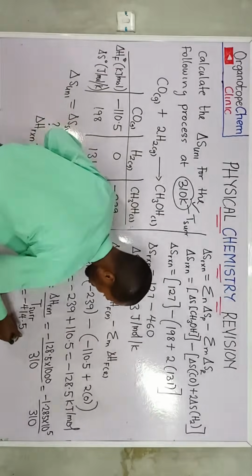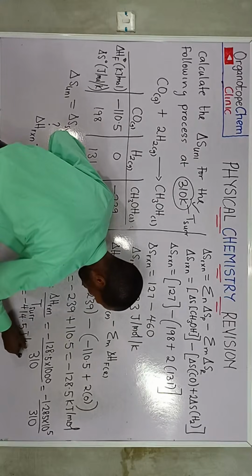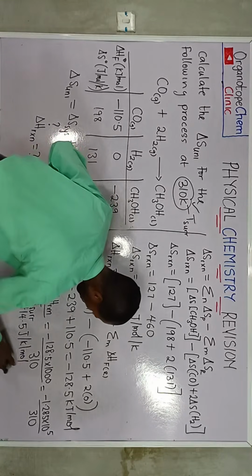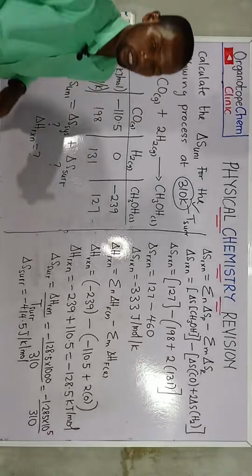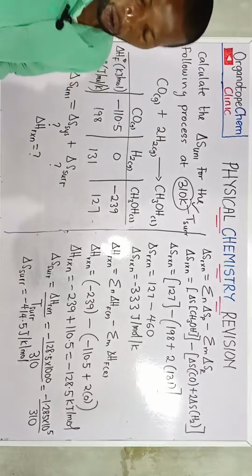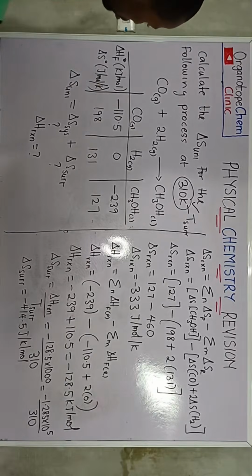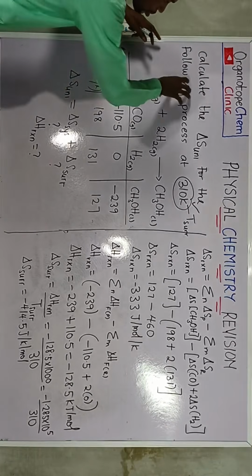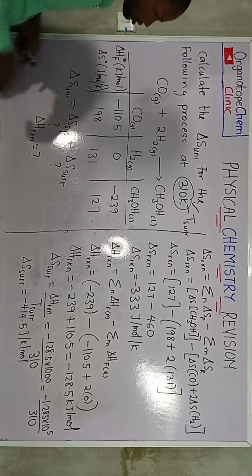What is the unit? Joule per Kelvin per mole. That's the unit of what? Entropy. Okay. So what are we expected to do now in order to get the entropy of the universe?